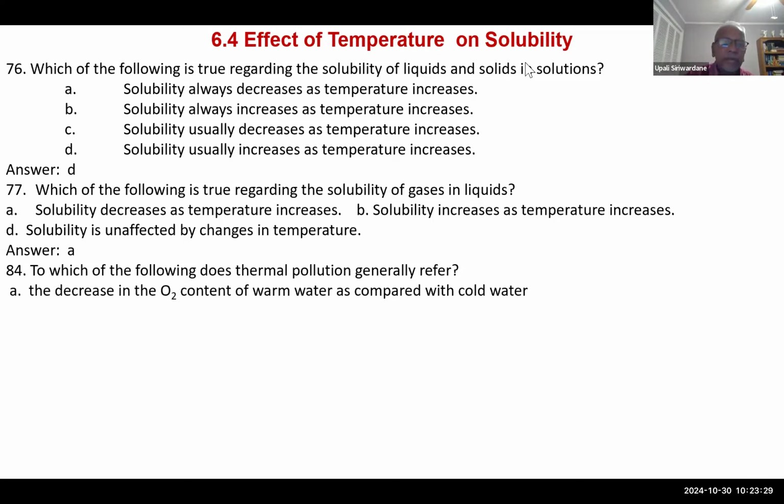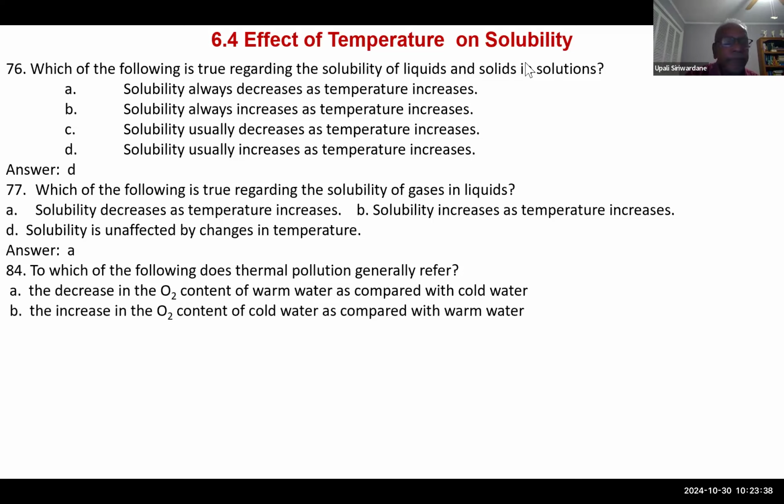In a way that's true, because hot water decreases the solubility of oxygen. Increase the oxygen content is not true.